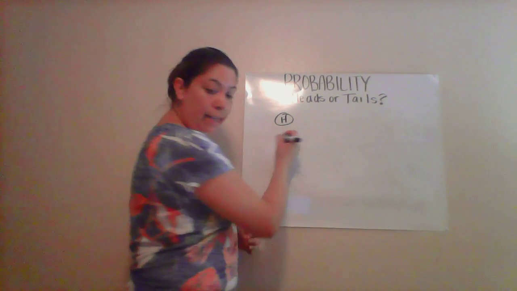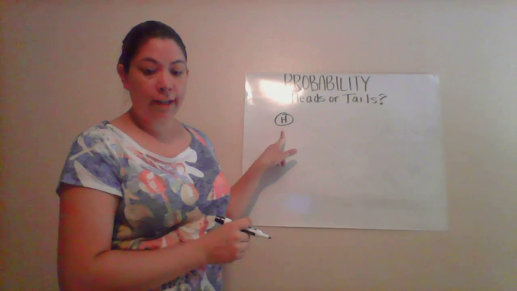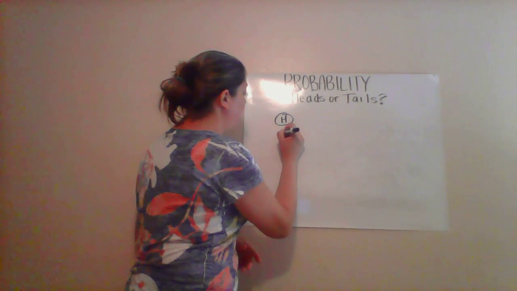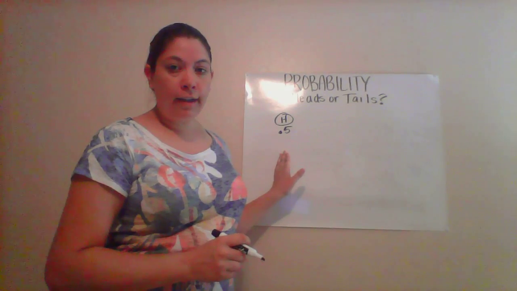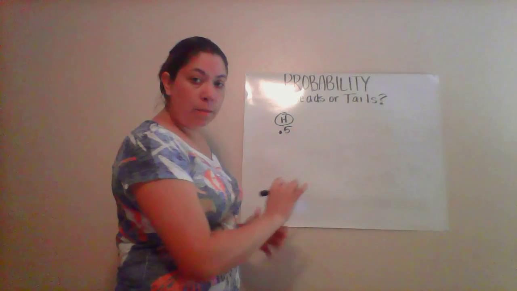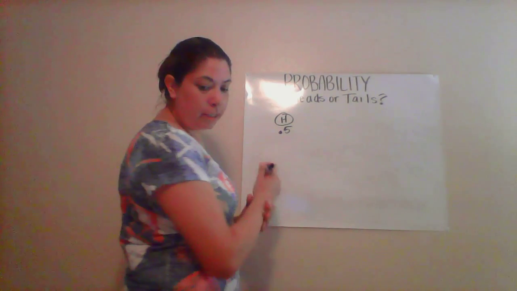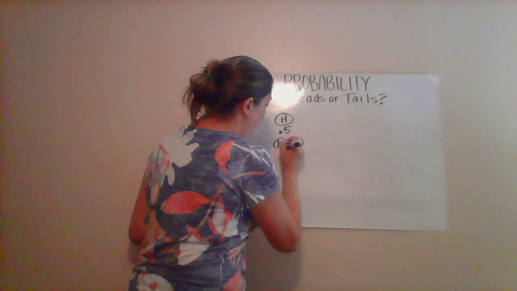The probability of 1 coin landing on heads would be 0.5, right? The probability of it landing on heads with 2 coins, we figured out, is 0.25, or 25%. So we'll write 2 heads, 2 coins with heads.